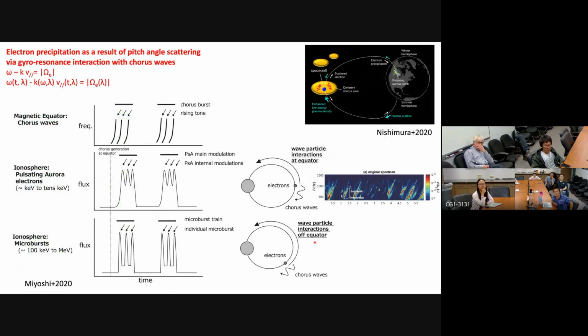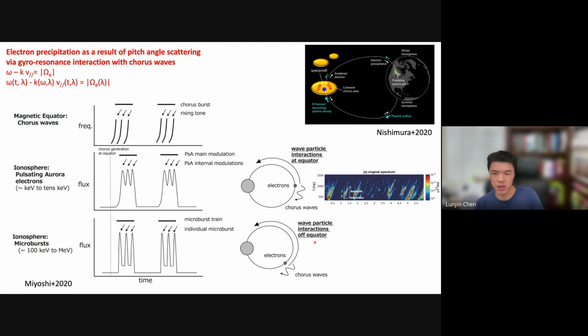I have a question here. I'm curious about the time delay from the generation in the equatorial plane to when it reaches the ionosphere. From this diagram, maybe not drawn to scale, I suppose one packet is just a few seconds, but that delay seems to be a fraction of that.